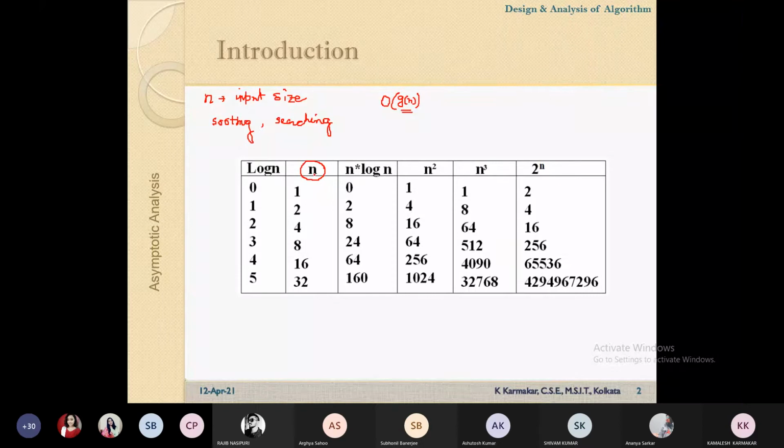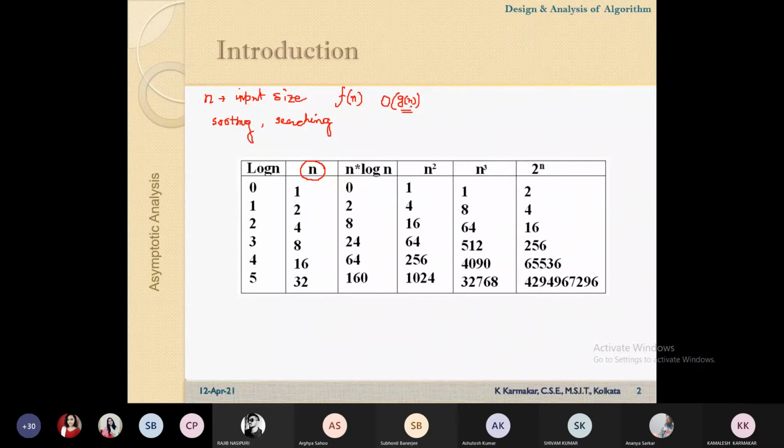If we consider n equals 1, and we have a given function f(n) whose complexity is big O of g(n), then if g(n) equals log n, how will it be affected with the variation of n?